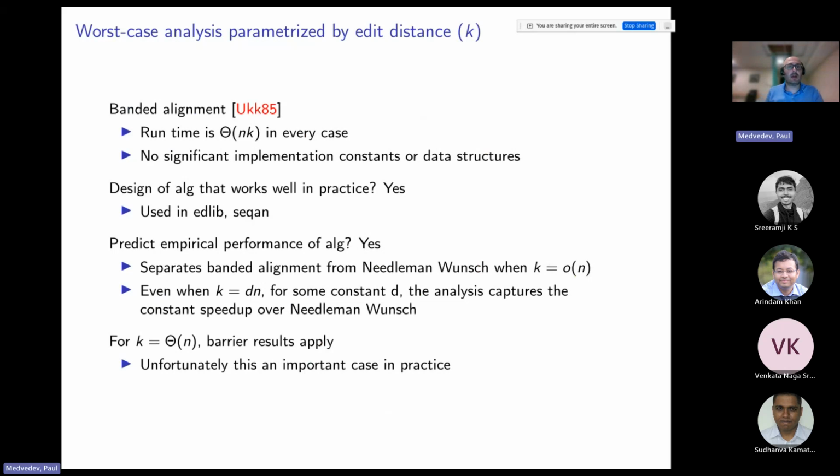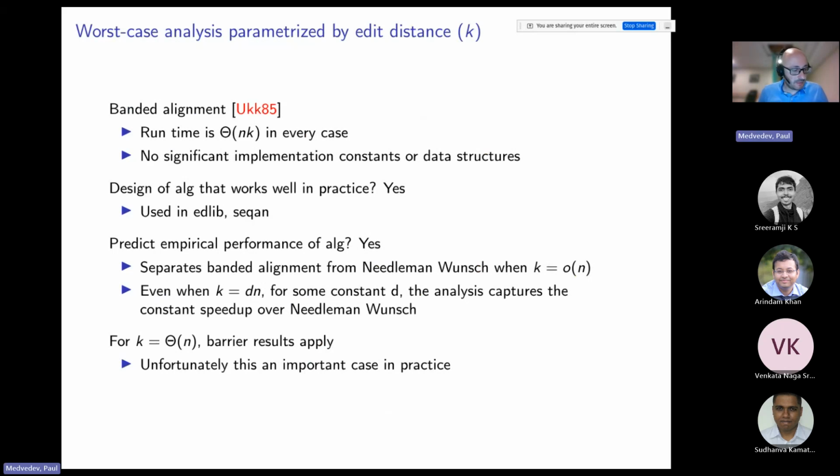So we go next to theoretical worst case analysis, but not in terms of the input size, but parametrized by some other parameter of the data. And here, one very natural one is the edit distance itself, k. So we want to express the runtime, not just in terms of n, but in terms of k.